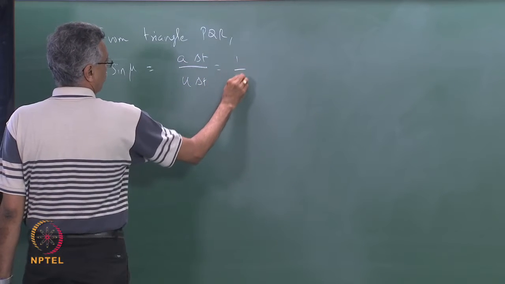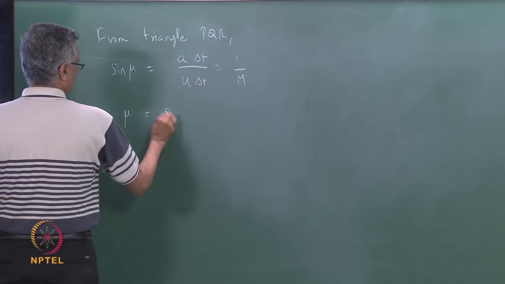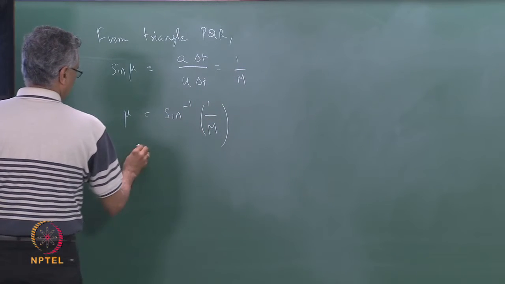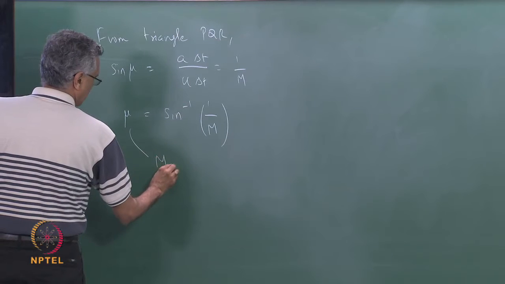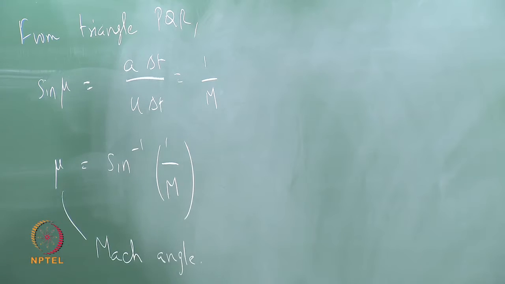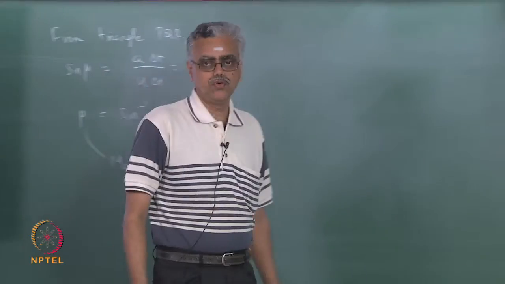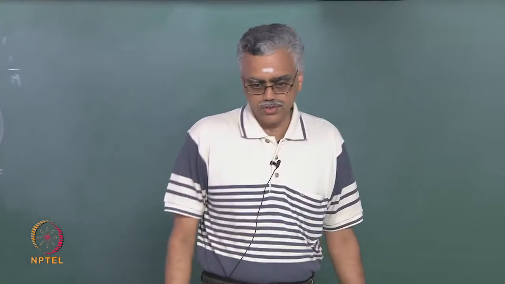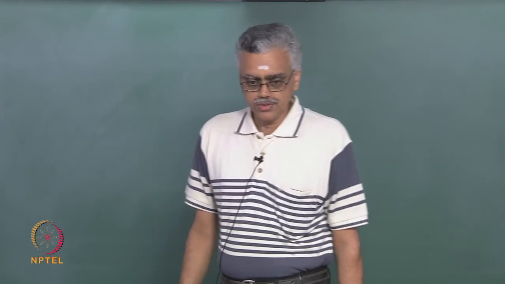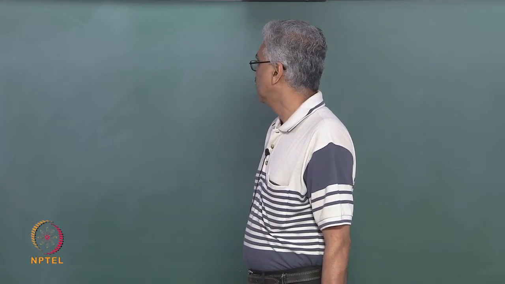So that is 1 over M. So that mu is arc sine 1 over the Mach number, and this mu is called the Mach angle. Note that mu is not the flow deflection angle in this case. The flow is deflected through a very small value, much smaller than mu. So mu is the semi-vertex angle of the Mach cone.